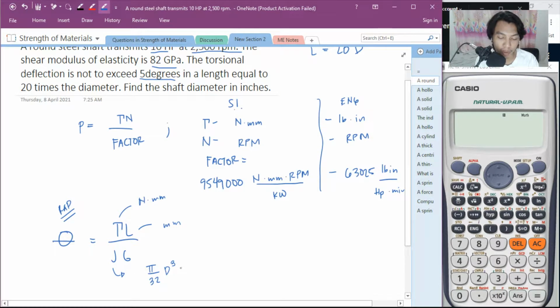D cube ba? Let me check dun sa notes ko na lang mamaya. Okay? Pi D cube o pi D fourth. Pi D to the fourth pala. Polar yan eh. And then G. Okay? Rigidity, that is 80 GPa kapag steel or simply 12 times 10 to the 6 PSI.